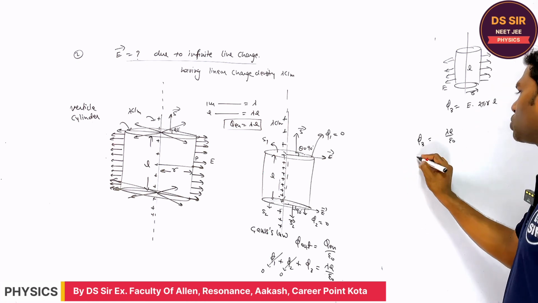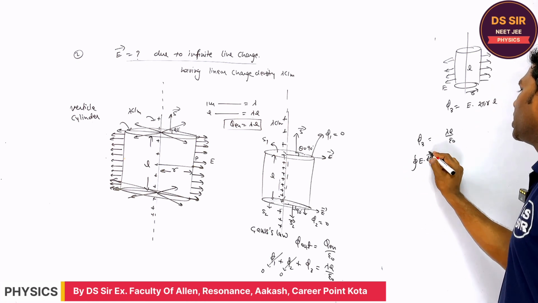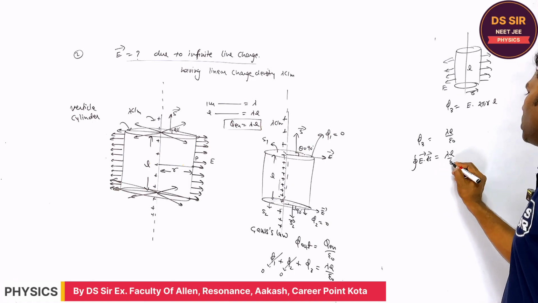You may write it this way also: the integral of E dot ds is equal to lambda L upon epsilon naught.